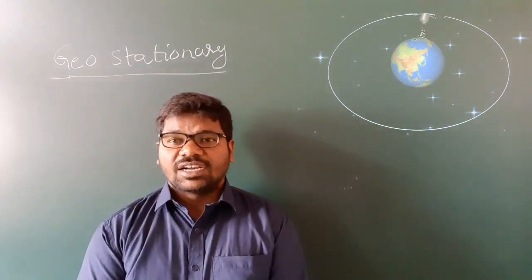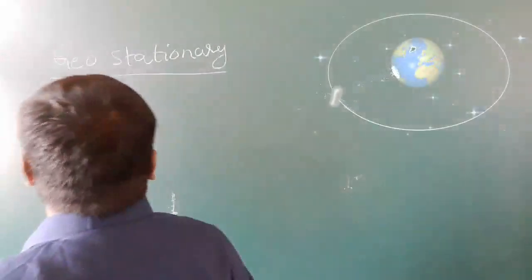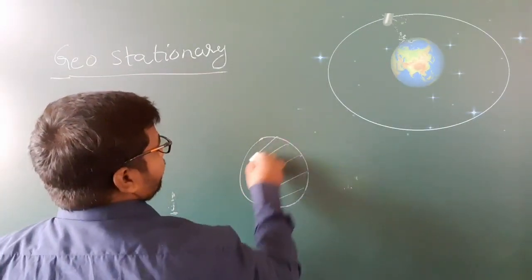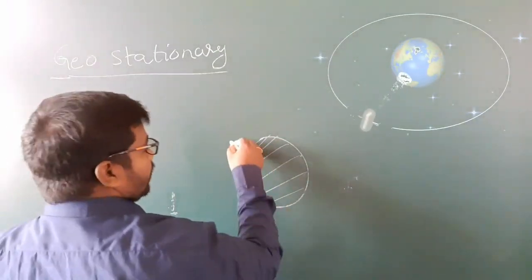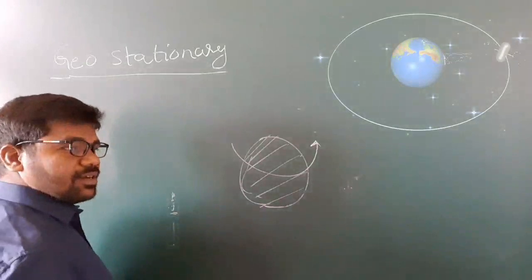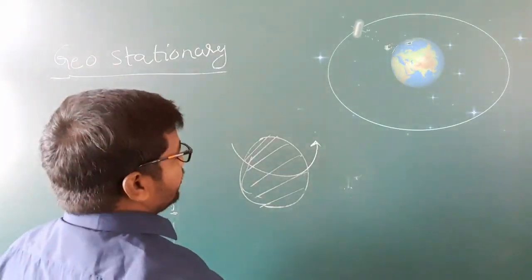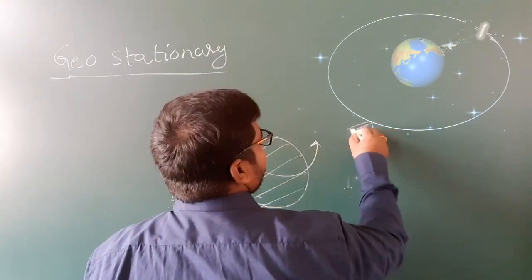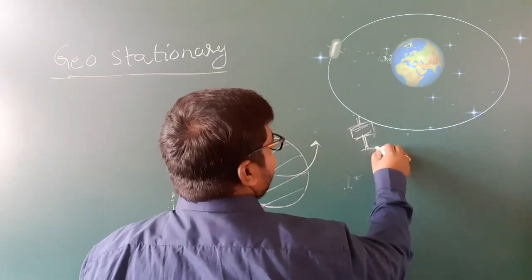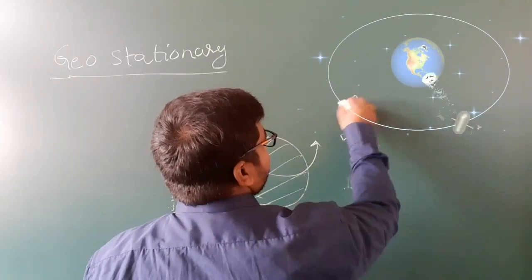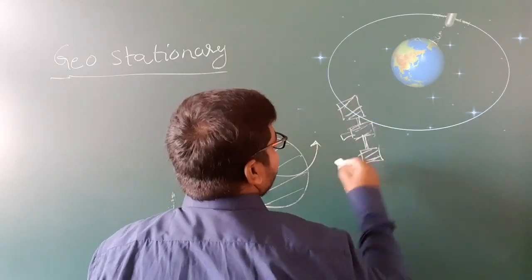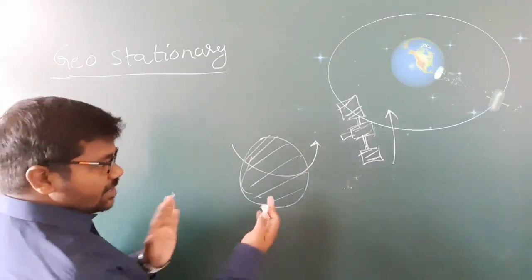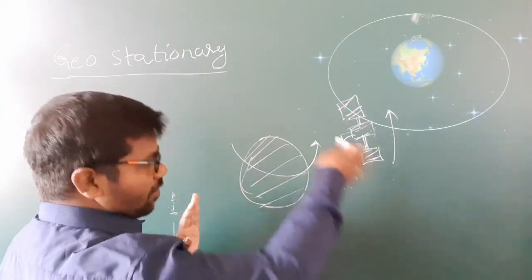We know that the earth has a spherical shape and rotates about its own axis, always from west to east. Consider one satellite which revolves around the earth. While the earth is rotating, the satellite also revolves around the earth.